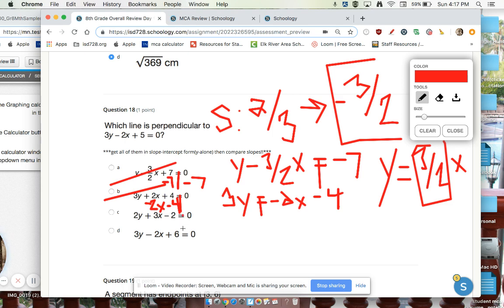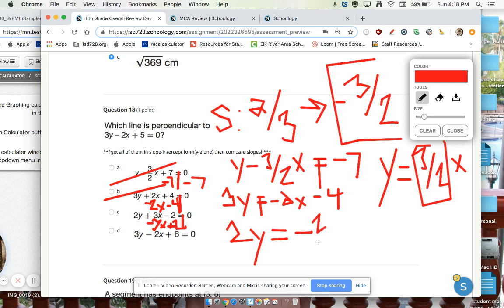Okay, next one. I'm going to minus 3x, and I'm going to plus 2. Oofta. I'm going to do that to both sides. So then I would have 2y equals, and then what did I do? I subtracted 3x. Hey, that looks good because I want a negative 3.